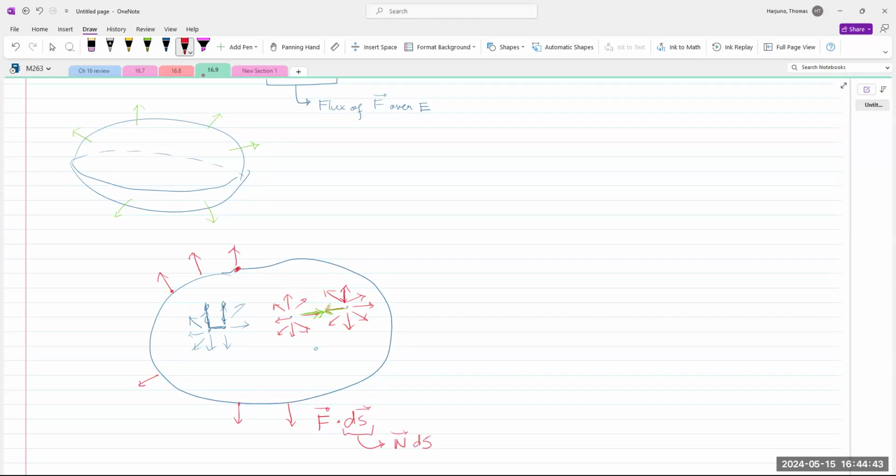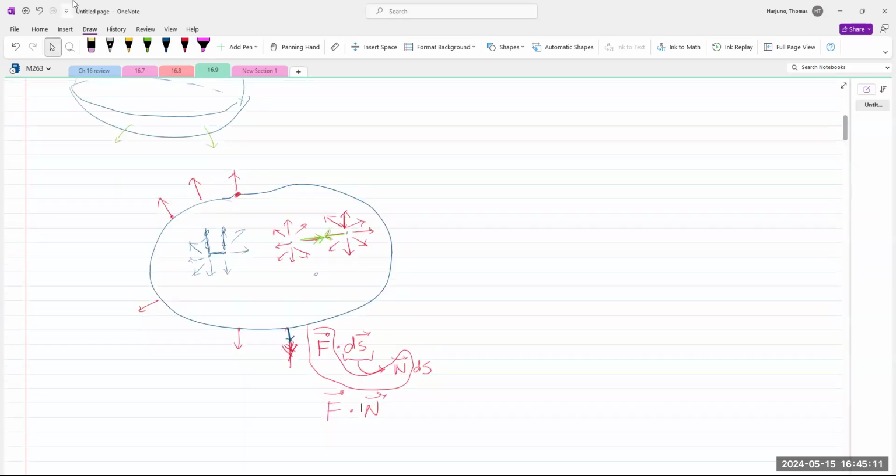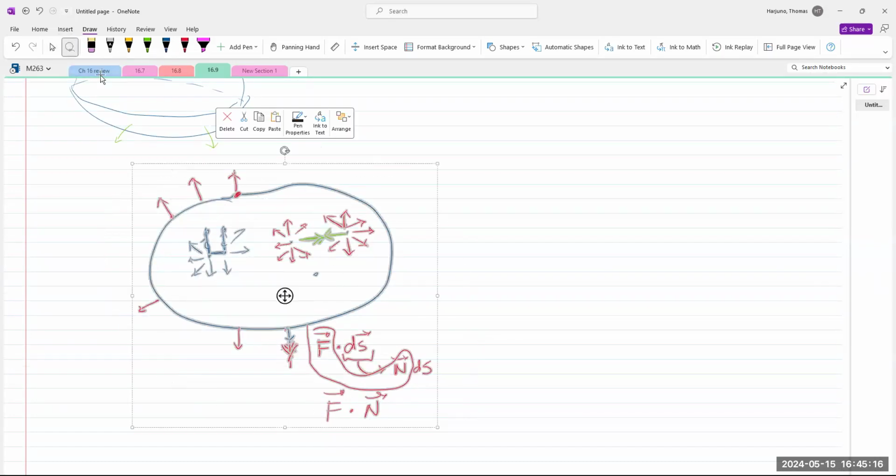So think of it as doing the dot product between the vector field and the normal vector to the surface of E. We do these two together, F dot the normal vector. That's the intuitive idea behind this theorem.